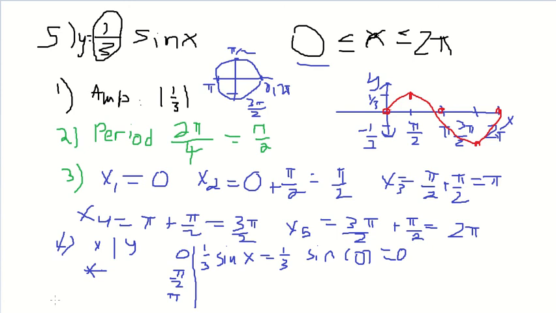So wherever you see an x, you plug in that value. You do the calculation. That is your list of y values, and then you are able to graph the function based on the points that you calculated in the previous steps. Okay.